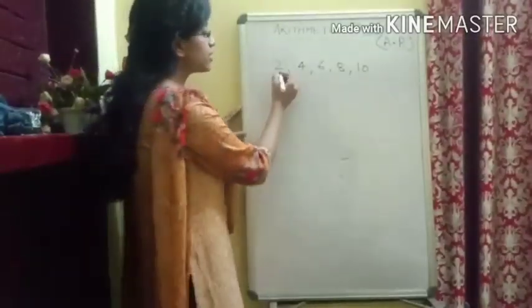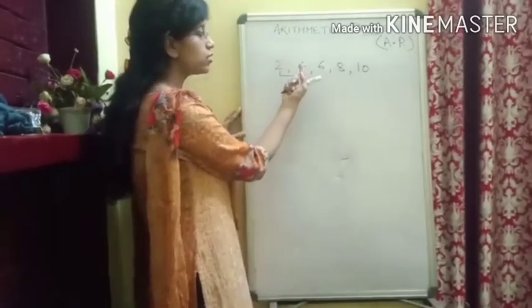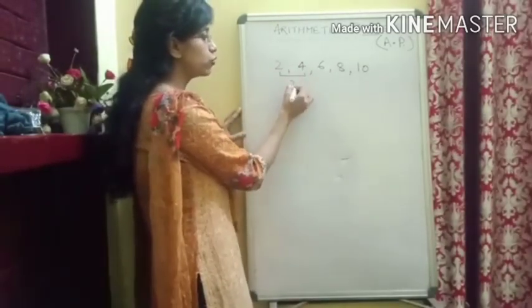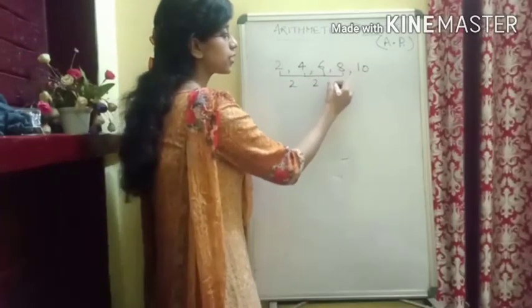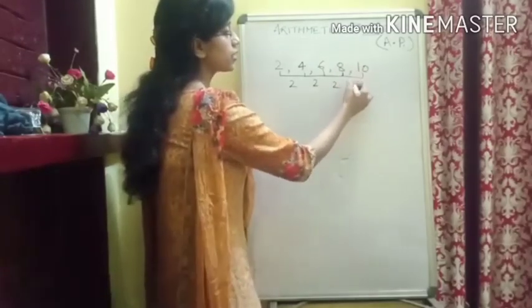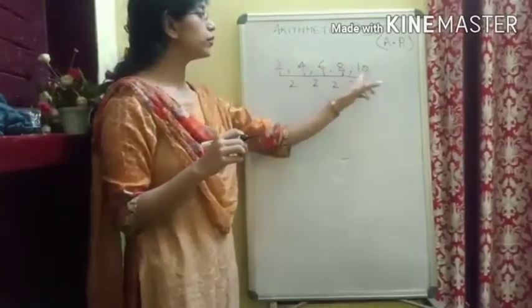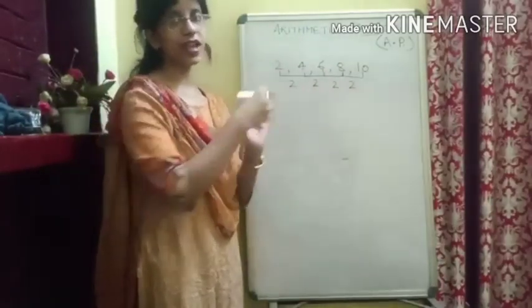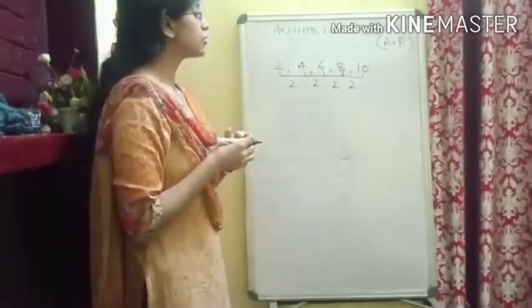Now as we have seen, what is the difference of these two numbers? That is 2. 4 minus 2 is 2, 6 minus 4 is 2, 8 minus 6 is again 2, 10 minus 8 is again 2. Every time the difference of the two numbers is coming 2. It can be 3, it can be 7, whatever, depending upon the sequence we are taking.